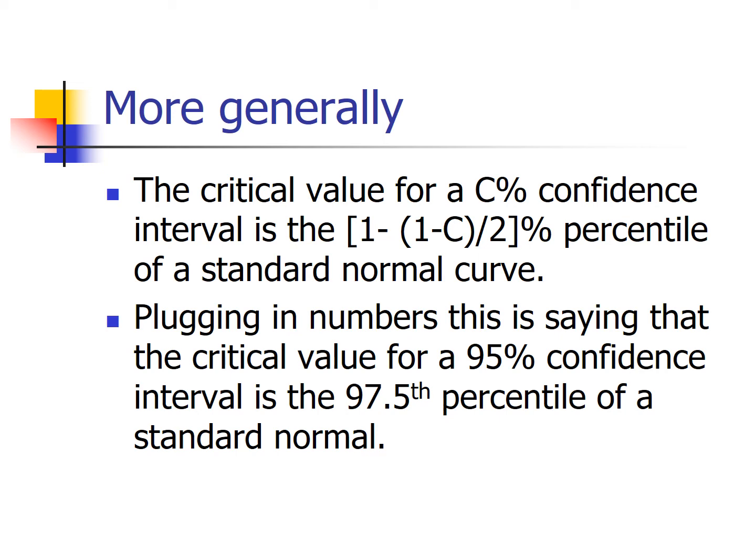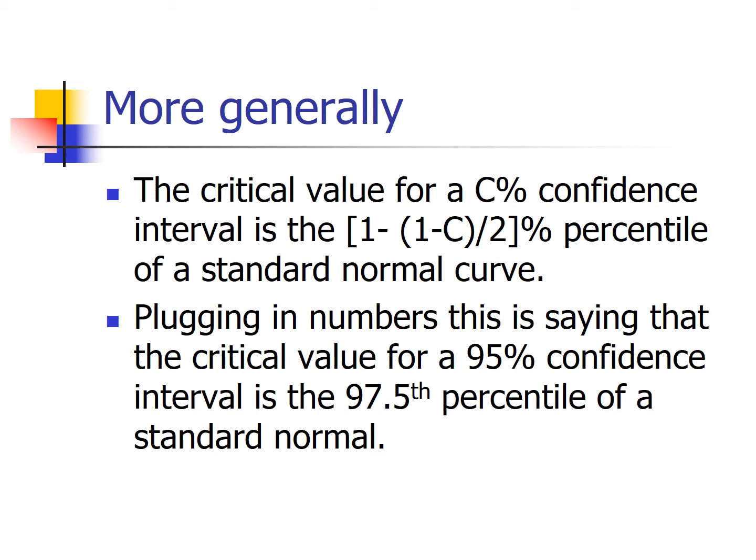So 1 minus 95 is, I guess maybe it should be 0.95. So 1 minus 0.95 is 0.05. 0.05 divided by 2 is 0.025. 1 minus 0.025 is 97.5%, right?